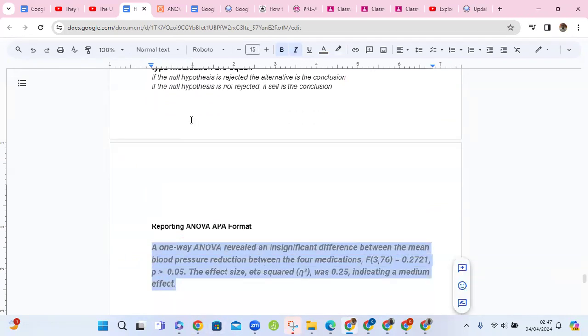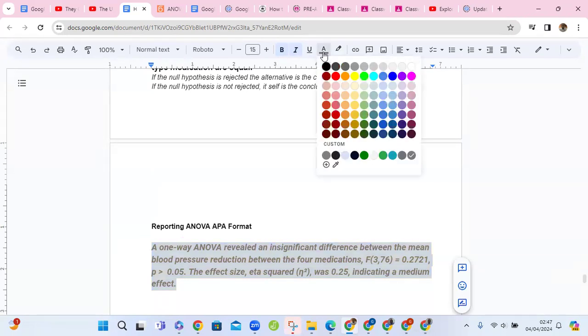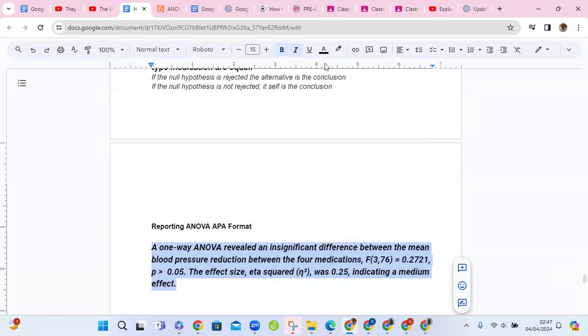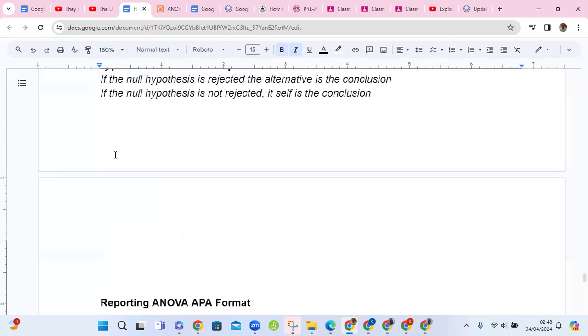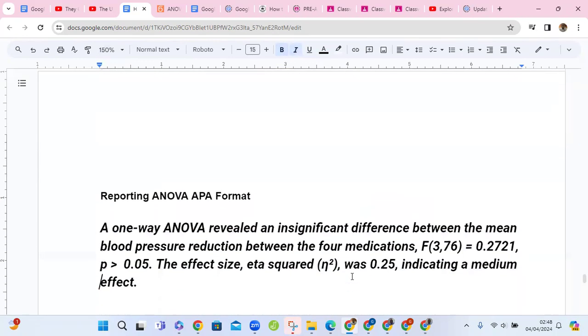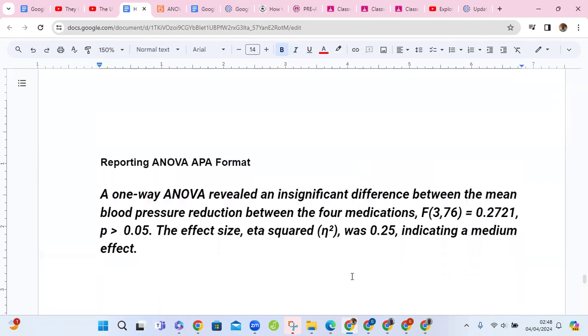The F with degrees of freedom 3 and 76 is 0.2721, and the p-value is greater than 0.05. So that is why we are not rejecting the null, to conclude that there is an insignificant difference between the means. And effect size, eta squared, was 0.25, indicating a medium effect.